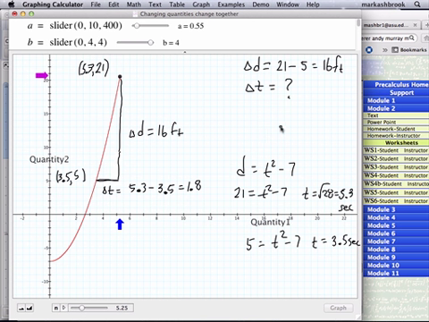And just for kicks, let's put 16 into this, and see what we get. Do it in red, and we'll compare it and see that it's something totally different. 16 equals t squared minus 7 gives us 4.8.